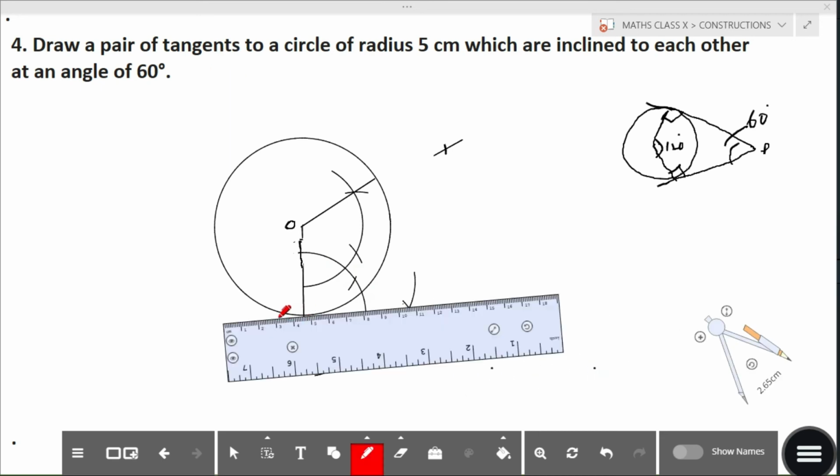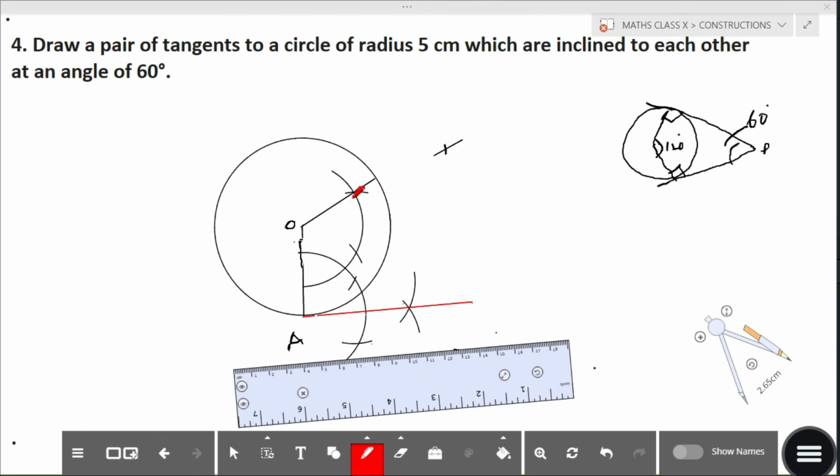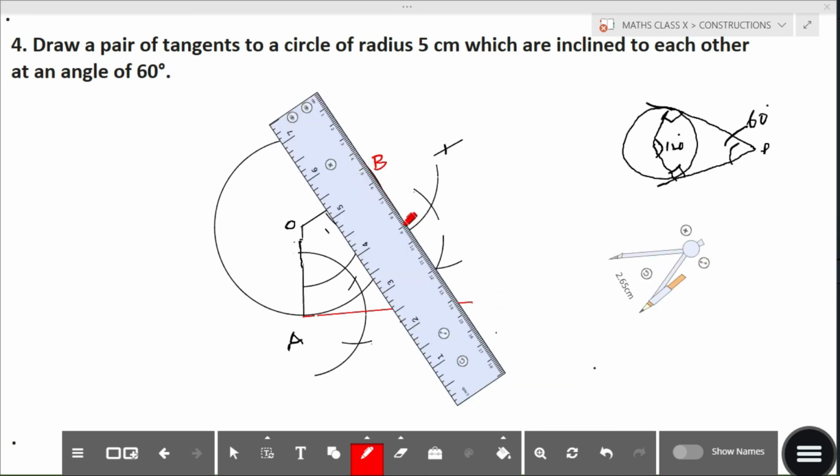So from here you draw the line joining these two points till you get the 90 degrees at the point A. Similarly, you have to construct 90 degrees at this point. Let this point be B. Here you have to construct again 90 degrees that will pass through like this. So like this you construct 90 degrees at point B also.